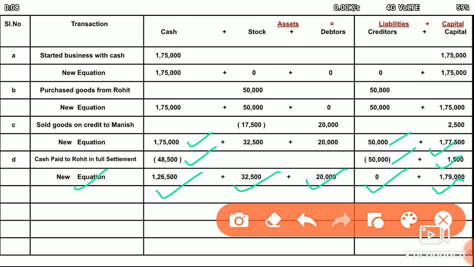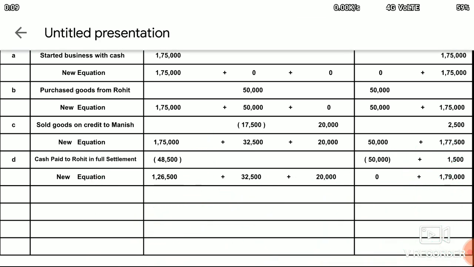Now if we add 1,26,500 and 32,500 and 20,000, we get a total of 1,79,000. And if we check on the liability side, that is liabilities plus capital, also will give us 1,79,000. So both the sides are same, there's nothing wrong here, so we will just go for the next transaction.